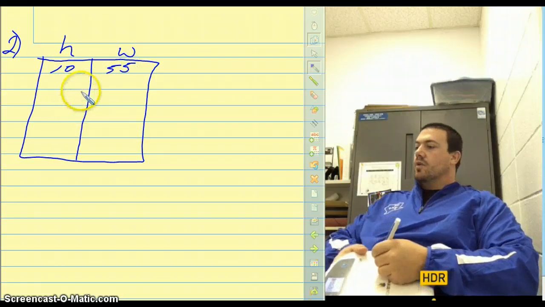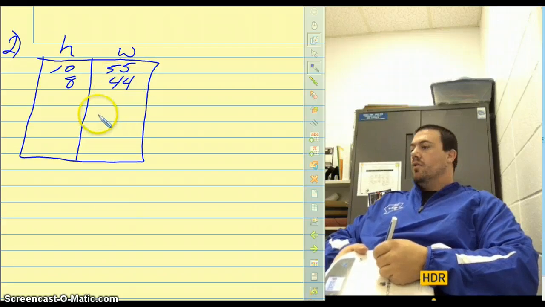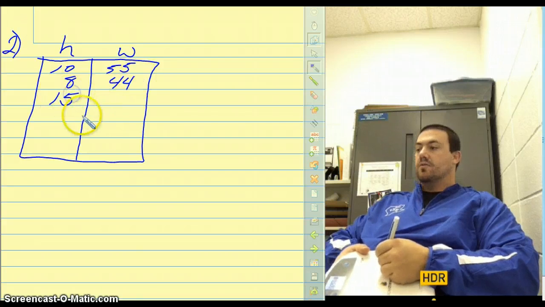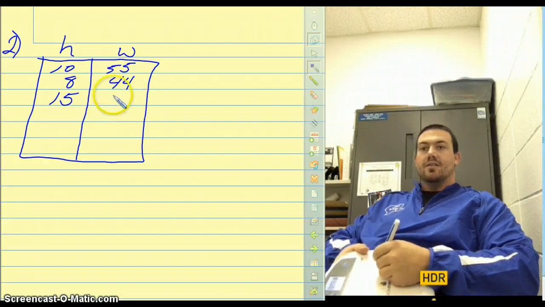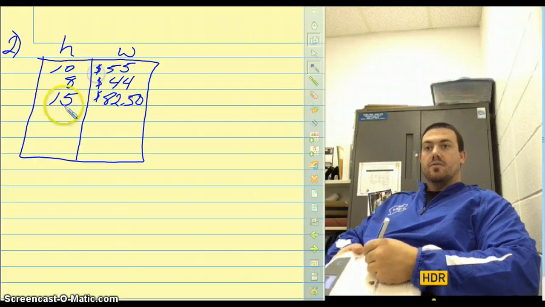And if I work 8 hours, I earn $44. Or if I work 15 hours, I earn $82.50. These are all money. These are all hours worked.